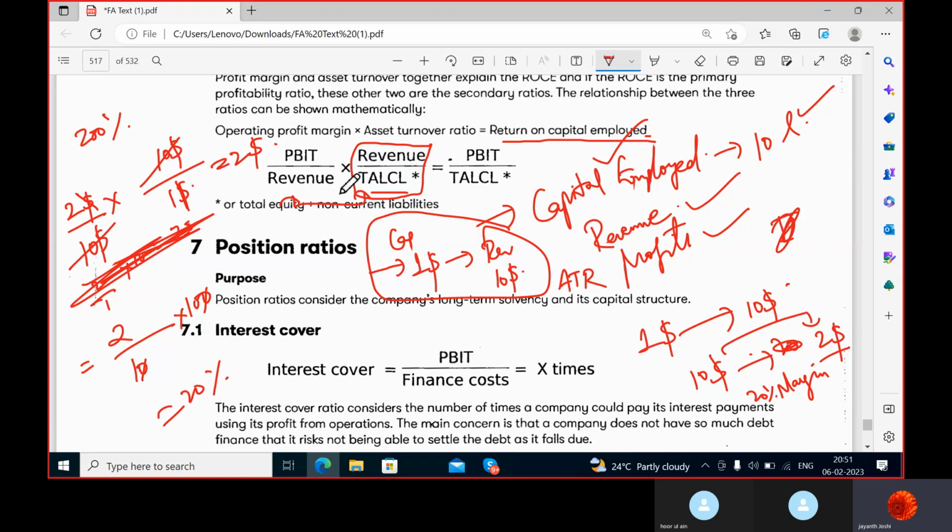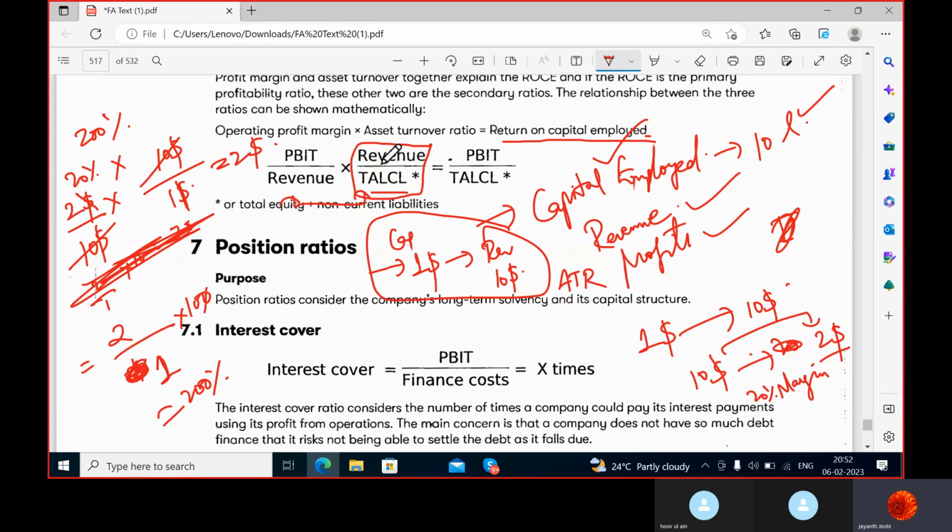Revenue. The capital employed was how much? $1. Here also it was $1. Fine, 200%. So is LHS equal to RHS or not? Yes, sir. So $2 I took as PBIT and $10 I took as revenue. This was my profit margin, which was 20%.